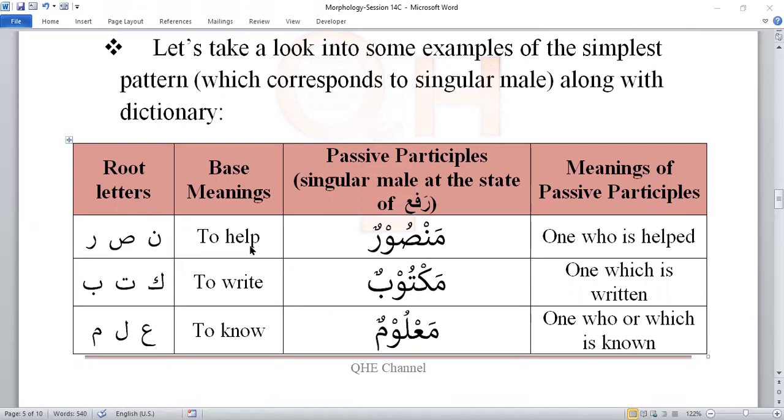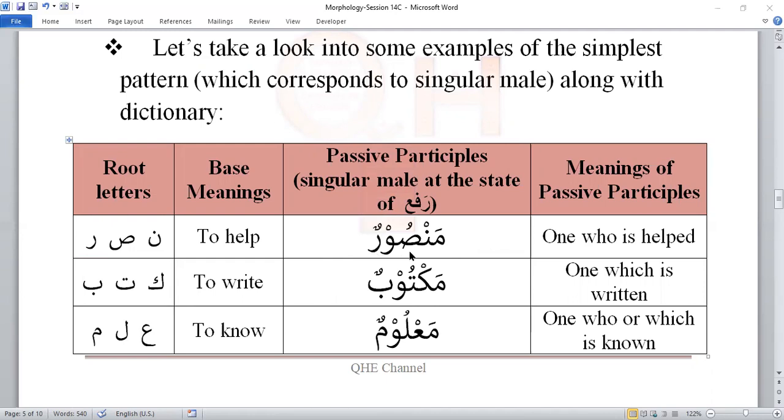So what will be the conjugation of a singular male passive participle? As I said, singular male always carries the simplest conjugation, which means it carries the basic conjugation, which is maf'ul. So for nun, sod, ra, it will be mansur. I can read it as mansurun on a continuing basis.